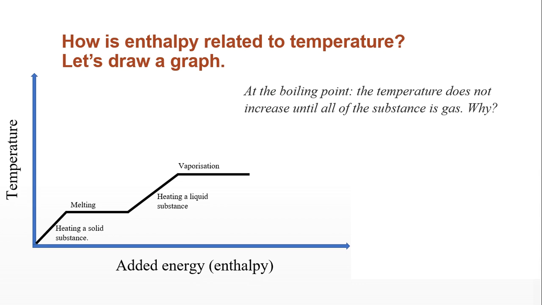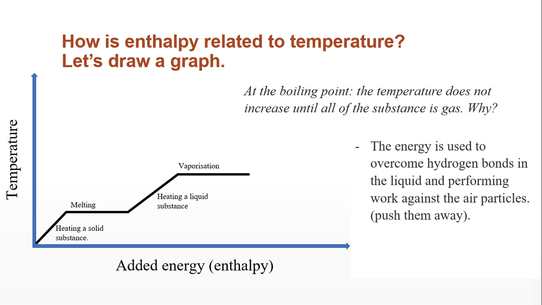Why? Well, the extra energy that we add is used to overcome the chemical bonding, the intermolecular bonds. In this case, water, it's mainly hydrogen bonds in the liquid. So energy will be used both for that and for performing work against the air particles, right?